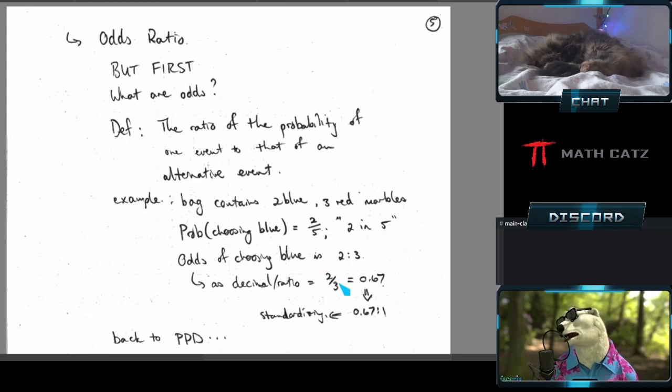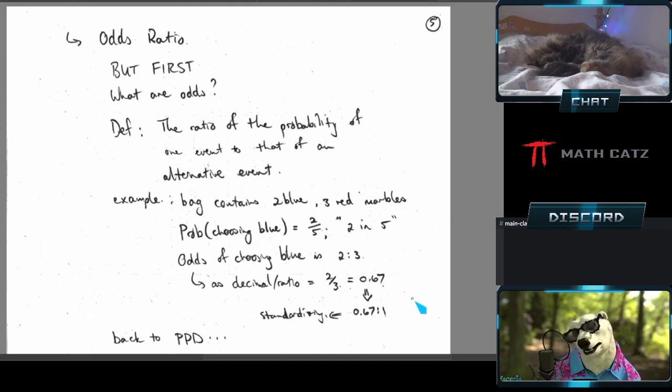So the answer of this ratio will always be to 1, and therefore I don't have to say the 1, and I can present the odds as 0.67. Right? Not as common, for me, definitely not. But understand that it is a different package, a different presentation of the exact same thing. And I'll be able to get from one to the other, probability to odds, odds to probability, if I choose to.